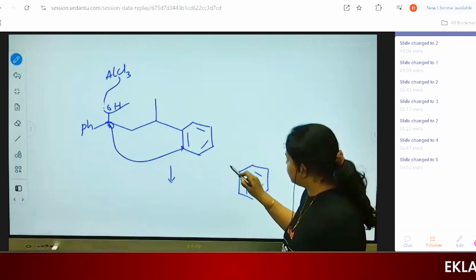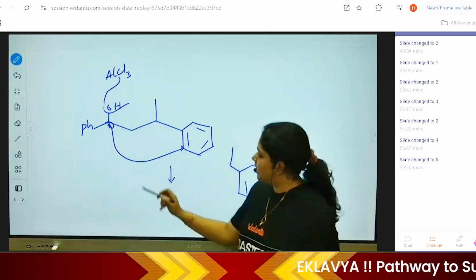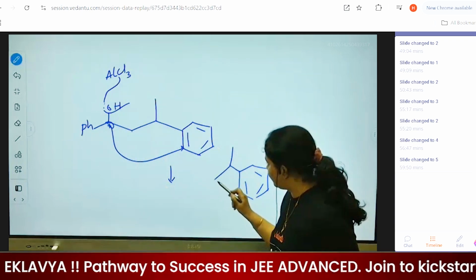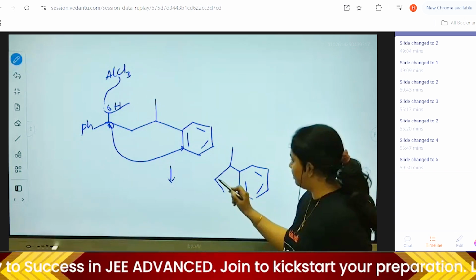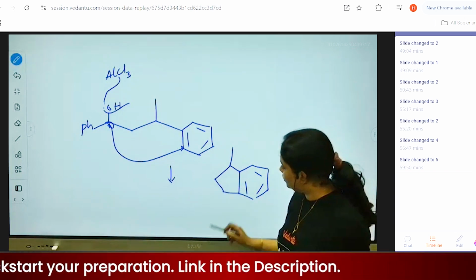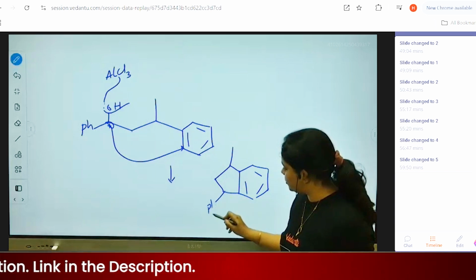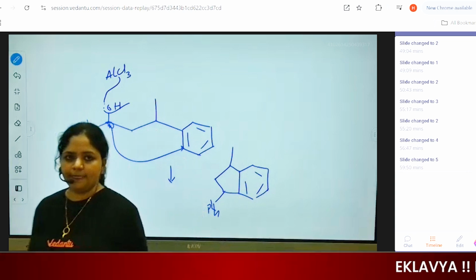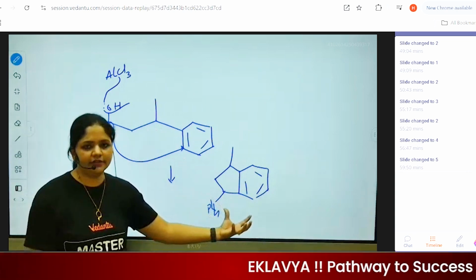Done. There is this one, done. How many carbon atoms? 1, 2 carbon atoms. This is 1, this is 2, this is the attachment. Then to this carbon atom there is a Ph. This is the product. Ph. Clear with this point?